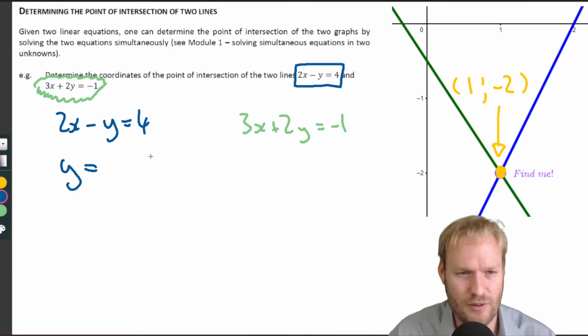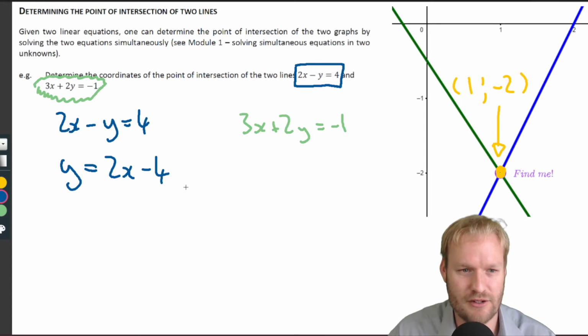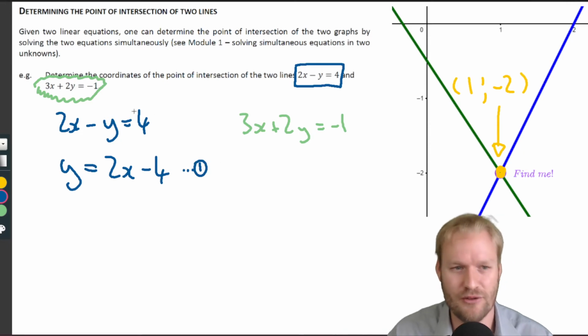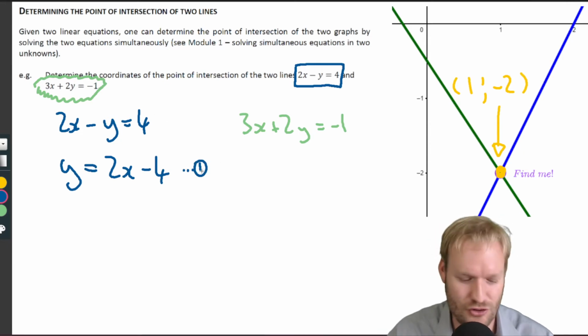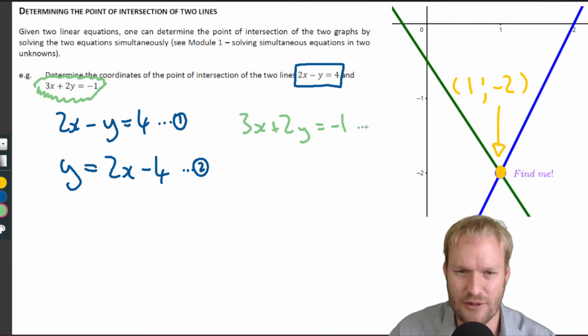So if 2x minus y equals 4, then y equals 2x minus 4. Sometimes we label these and call this equation 1 and that equation 2. Maybe sometimes that's more the convention. That's 1, this is 2, this equation here was the other equation we were given, 3.